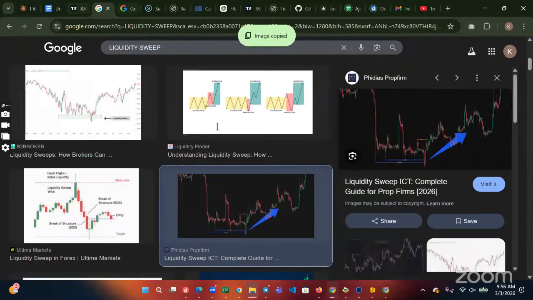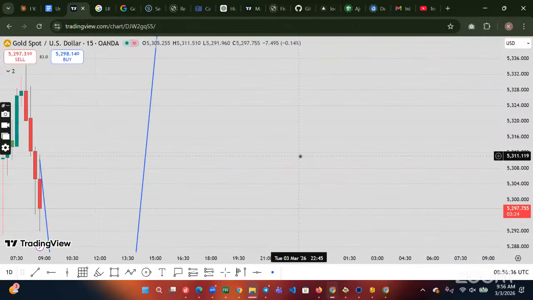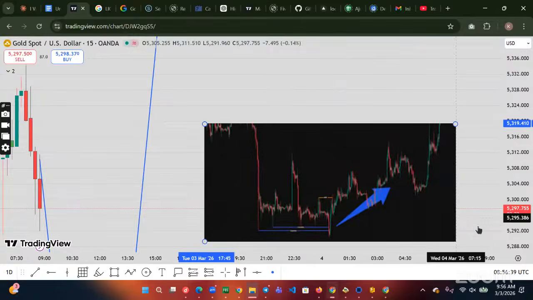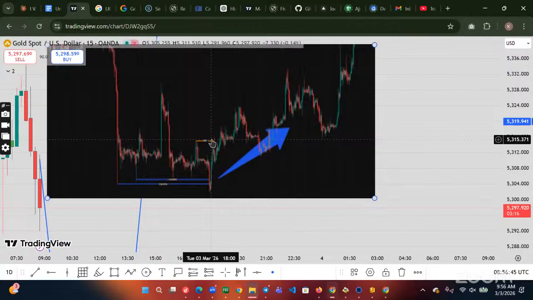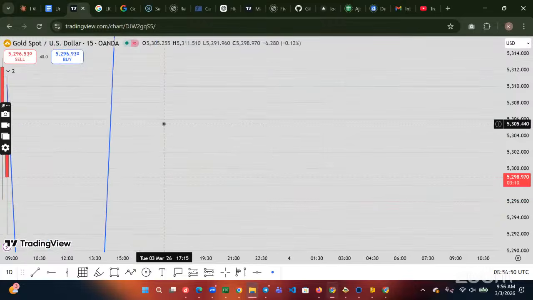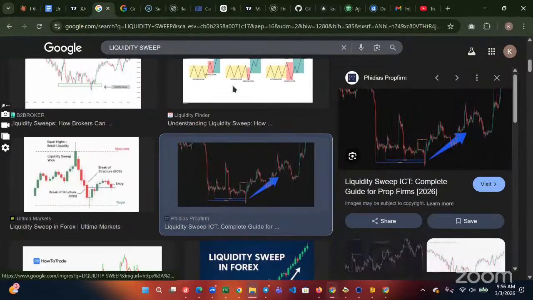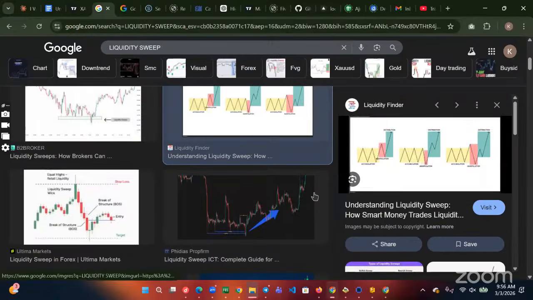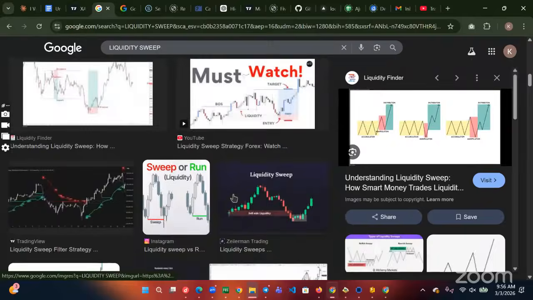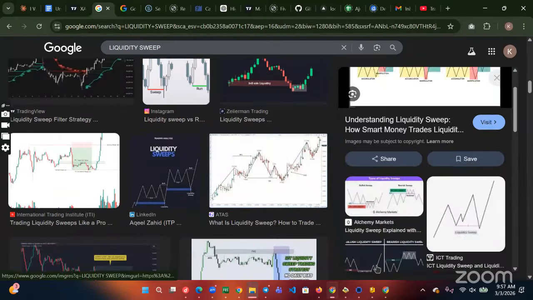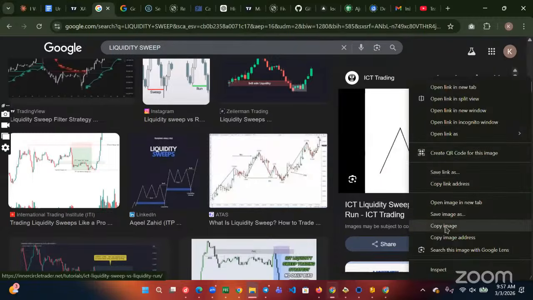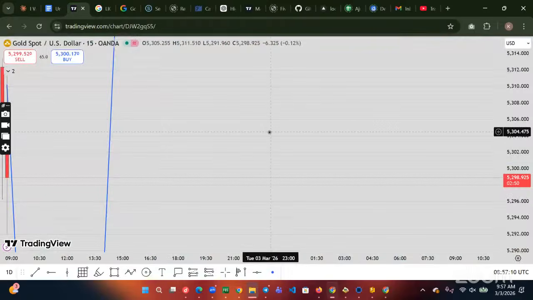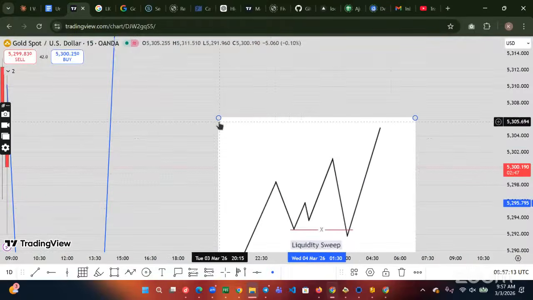By liquidity sweep, it means that the market must take out a previous level. That level which you're considering as your POI must be taken out. This one is not clear enough. Let me see. I'm looking for buy examples. Aha, this is what I'm looking for. So your POI must have this.